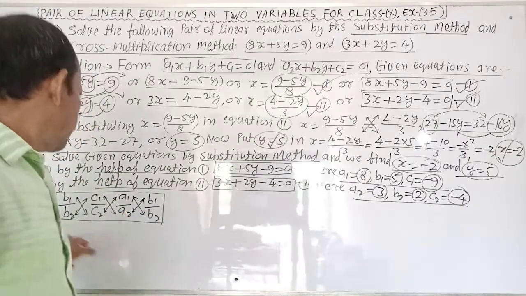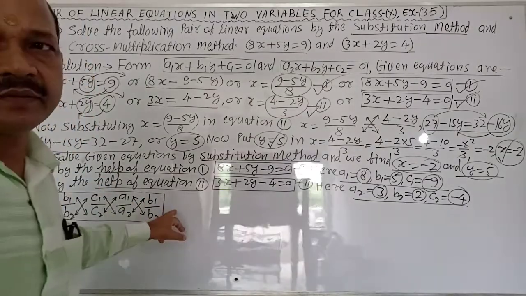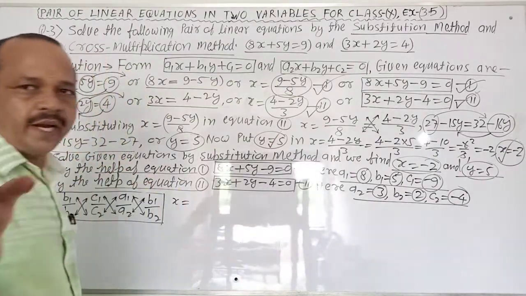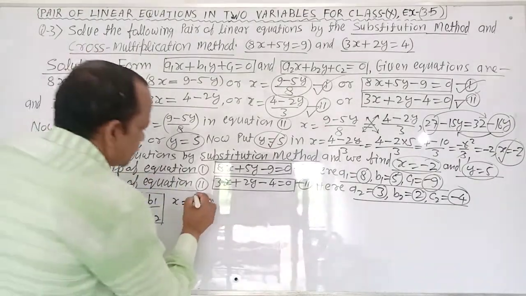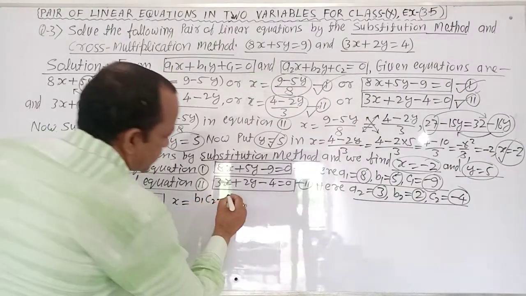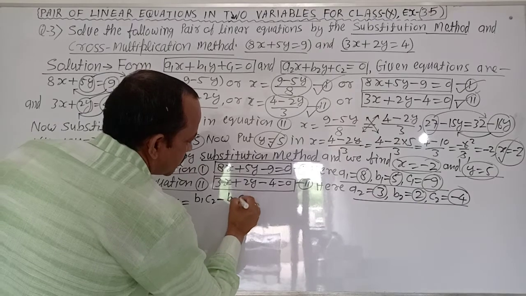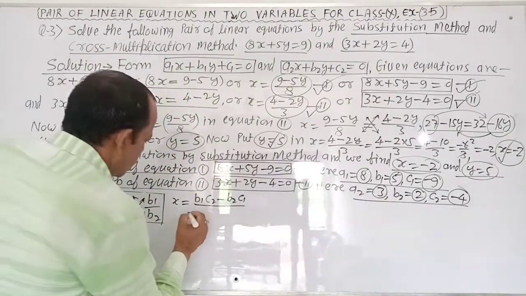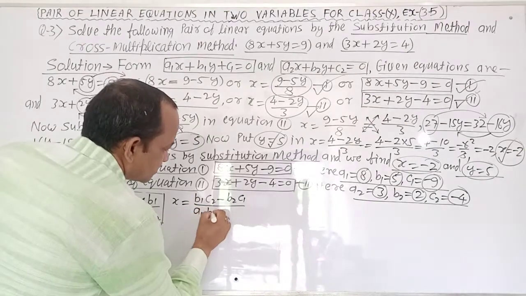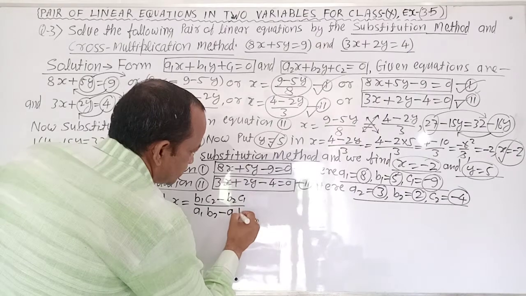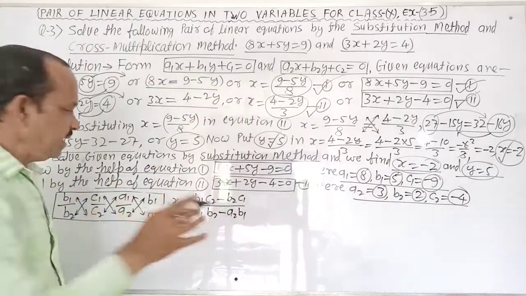It is clear? By the help of this chart, x equal to B1 C2 minus B2 C1 upon A1 B2 minus A2 B1. Clear?